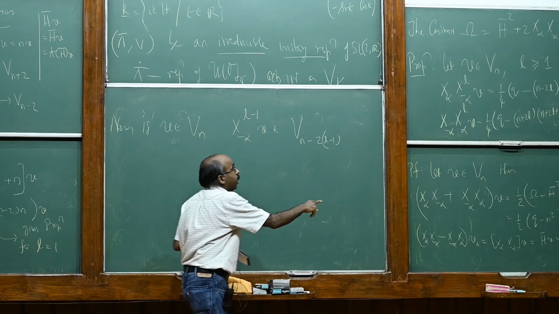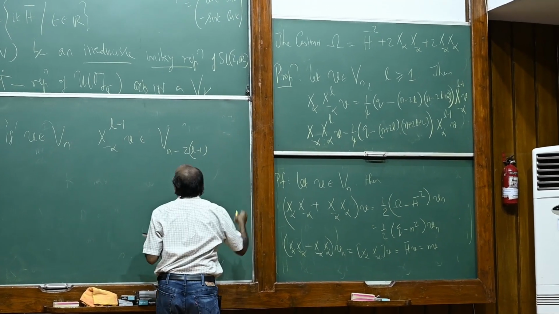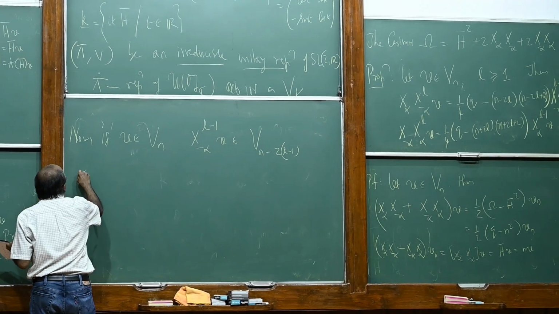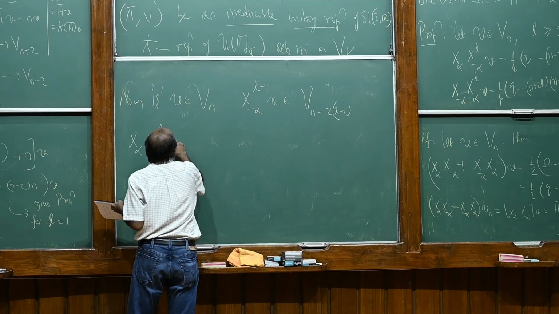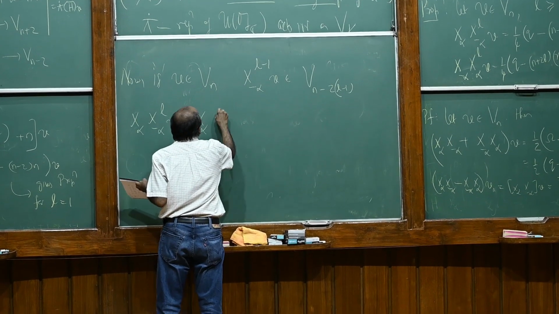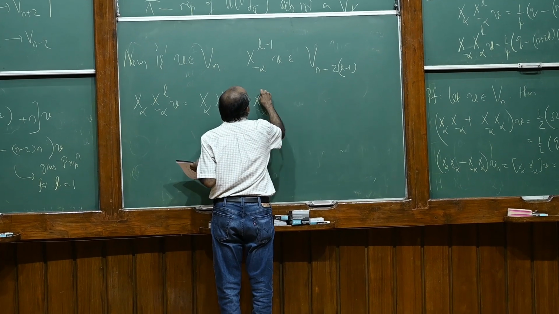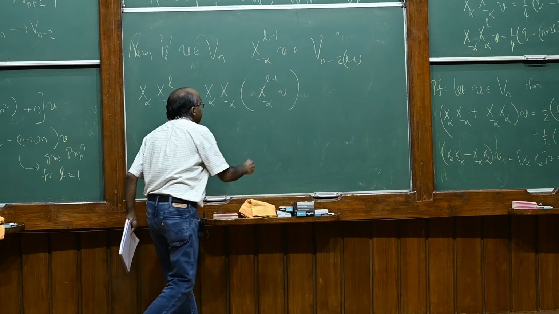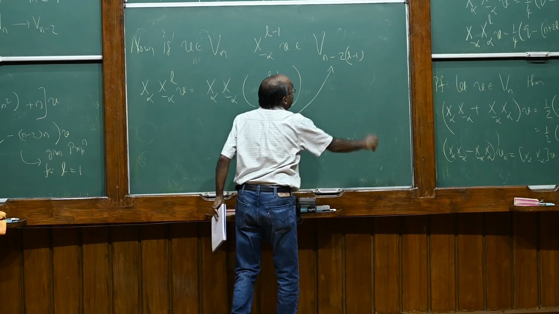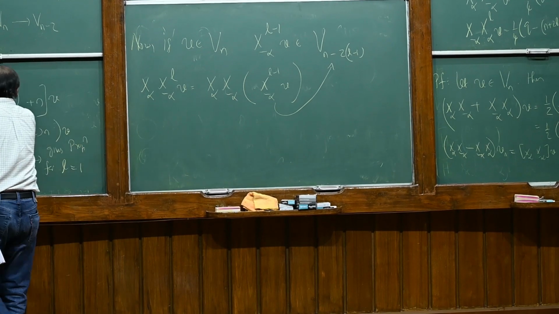So now to compute x alpha, x minus alpha to the L acting on v, I just write it as x alpha, x minus alpha times x minus alpha to the L minus 1 v, right? But this guy comes from Vn minus 2(L minus 1), and we apply the previous result.